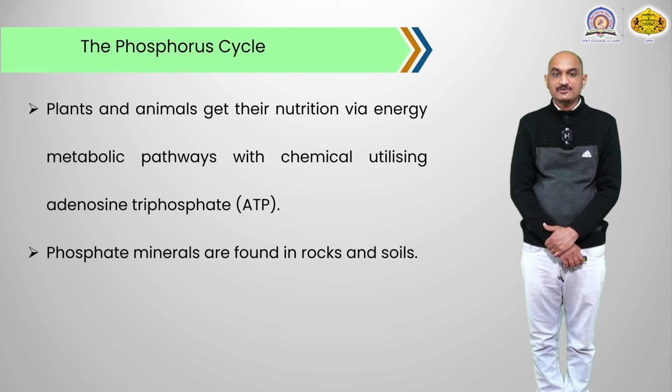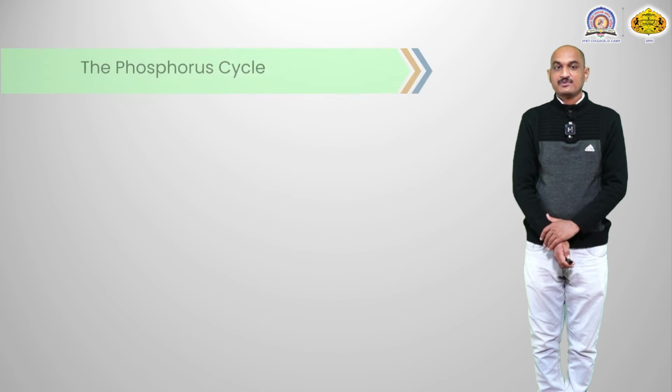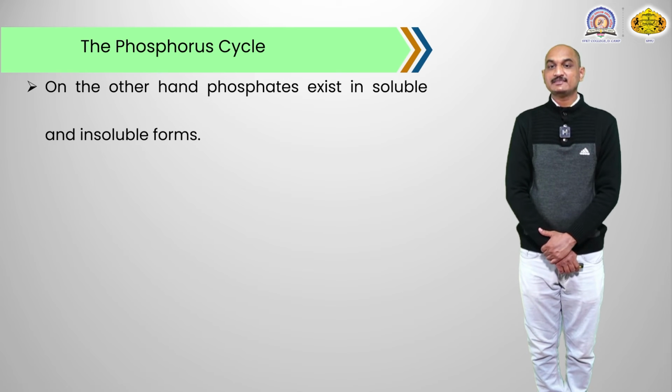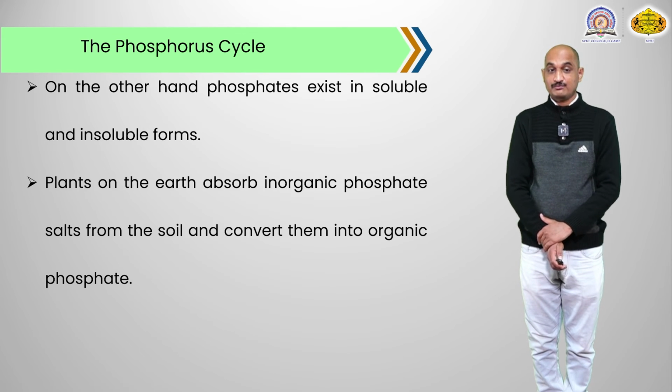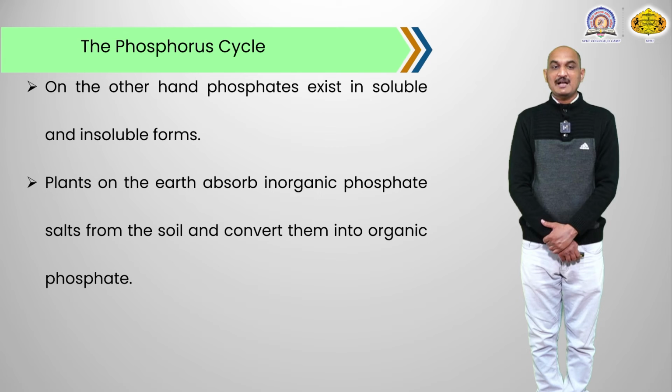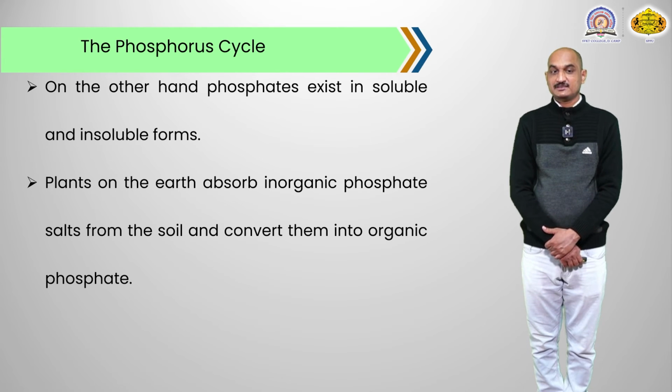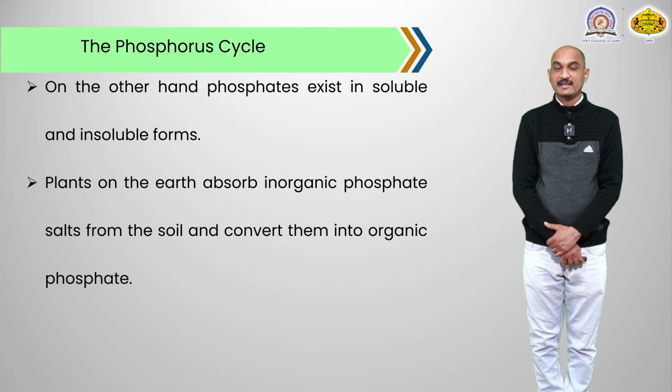Okay. Then the phosphate minerals are found in rocks and soil, okay. And on the other hand, the phosphate exists in a soluble and insoluble form. We know that the plants on the earth absorb the inorganic phosphate salt from the soil and convert them into organic phosphate.